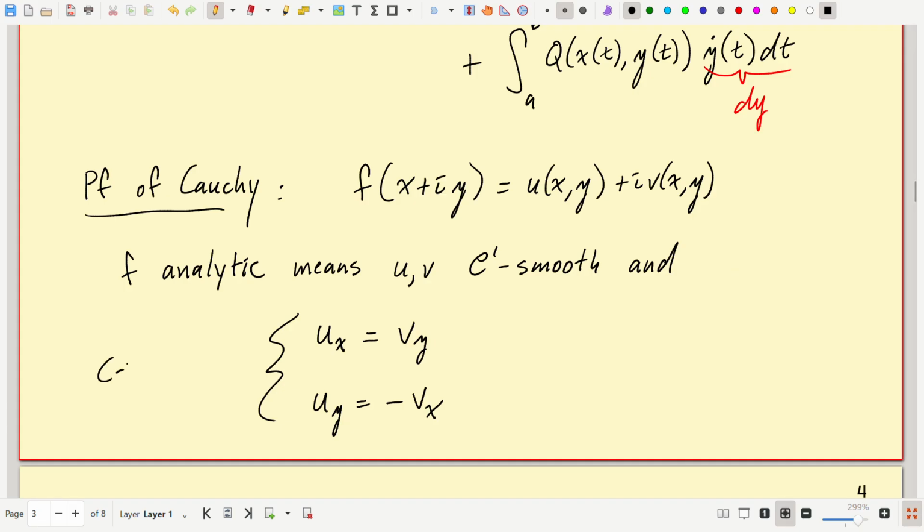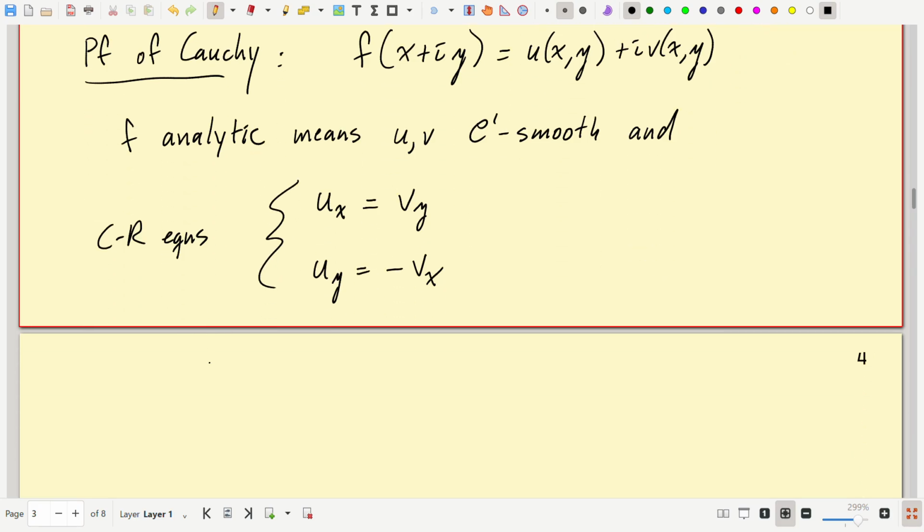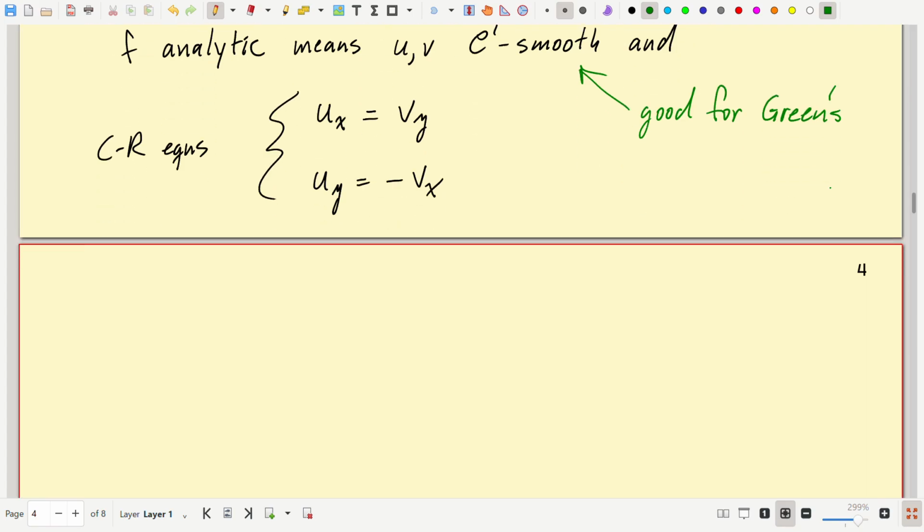Those are the Cauchy-Riemann equations. So this means we're good for Green's. You need that kind of hypothesis to make sense out of those integrals and to do the proof.